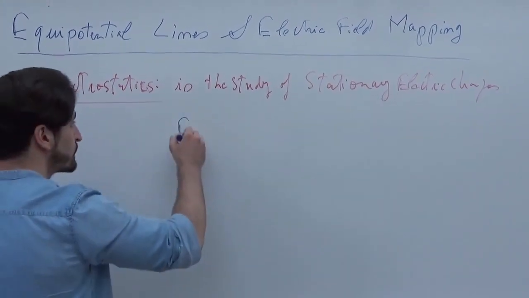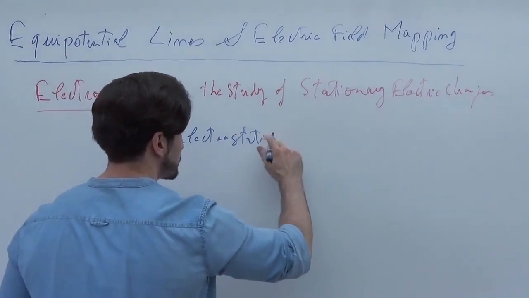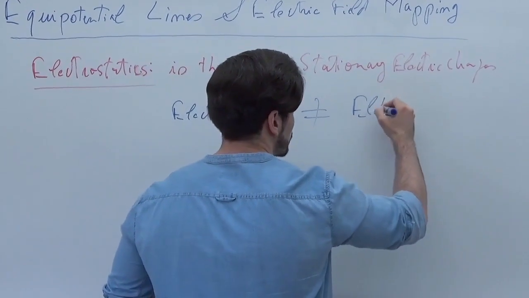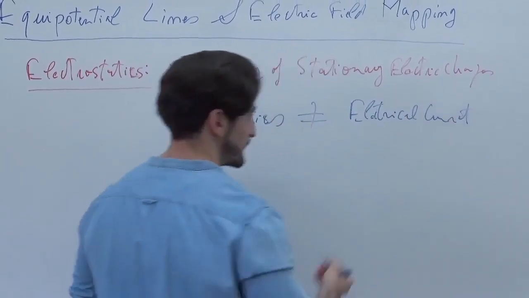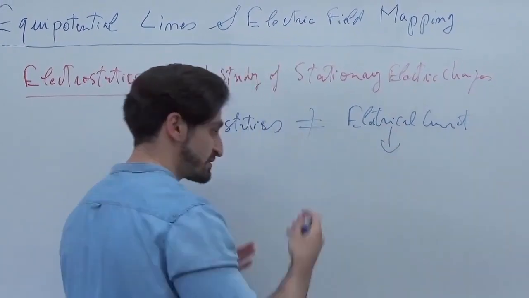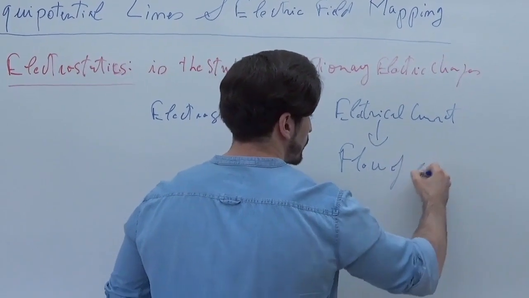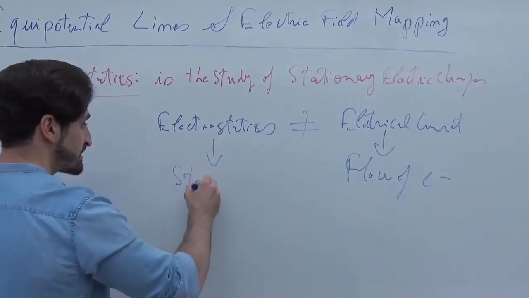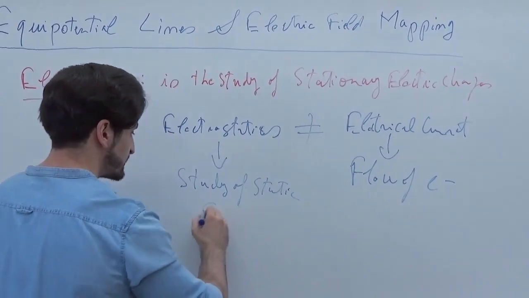So electrostatics is a different concept than the electrical current. The electrical current is based upon the study of the flow of electrons, whereas electrostatics is based upon the study of static electricity.